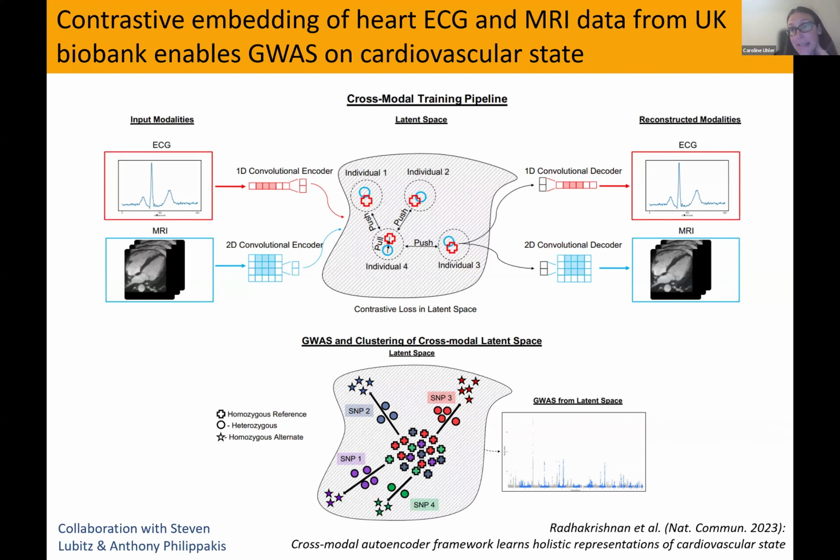And you can start translating from ECG to MRI. We'll ask afterwards, right? Not all of the information will be shared between ECG and MRI. There might be some information that is only in an MRI that is not contained in an ECG, similarly as for single-cell RNA-seq and images, right? But a lot of information will actually be shared between these two modalities.